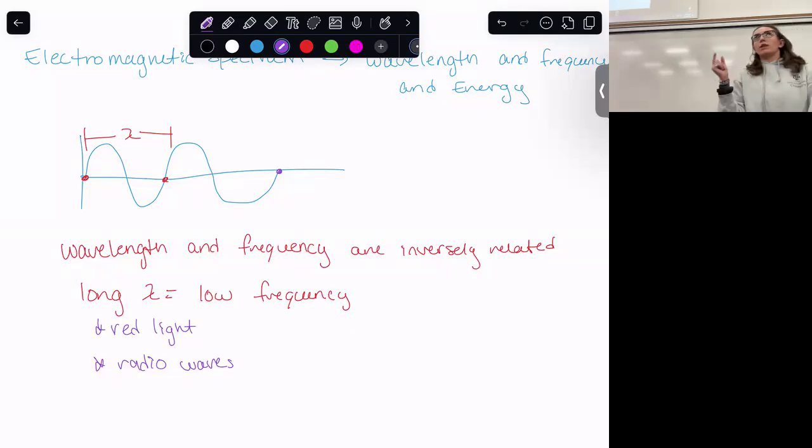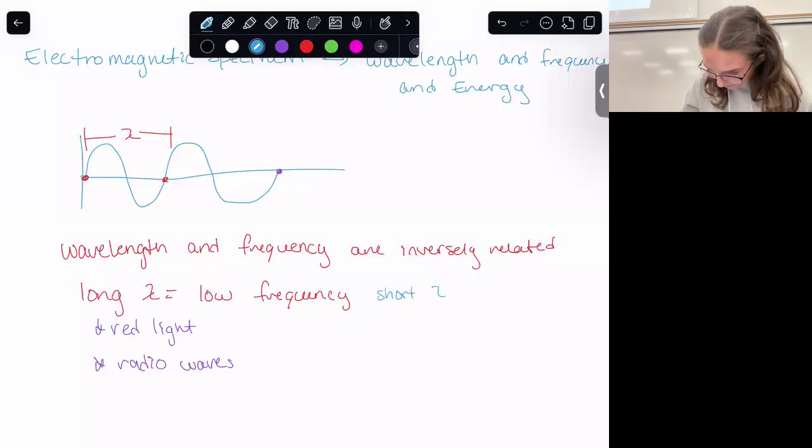So it's relative. When you're comparing, red light to purple light has a longer wavelength and a lower frequency, but radio waves to red light, radio waves have the longer wavelength and the lower frequency. So that means short wavelength equals high frequency.